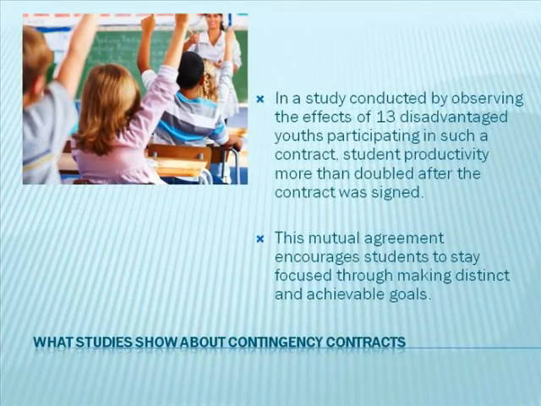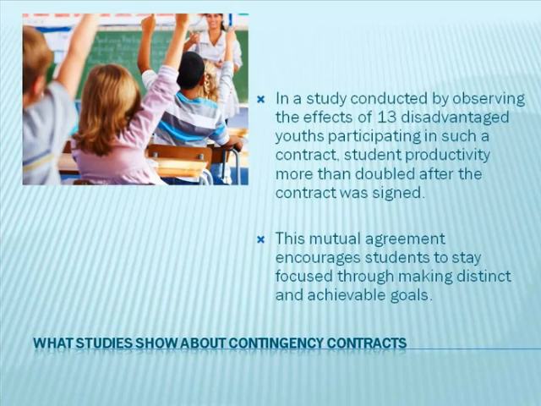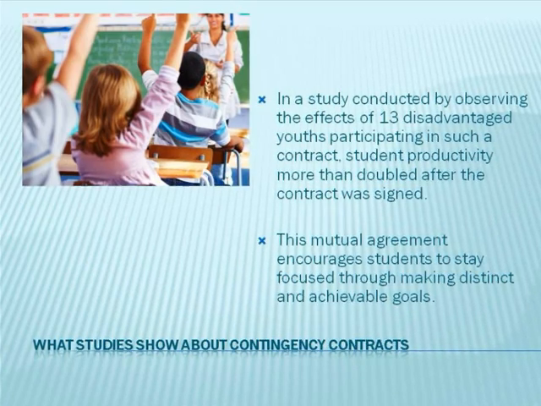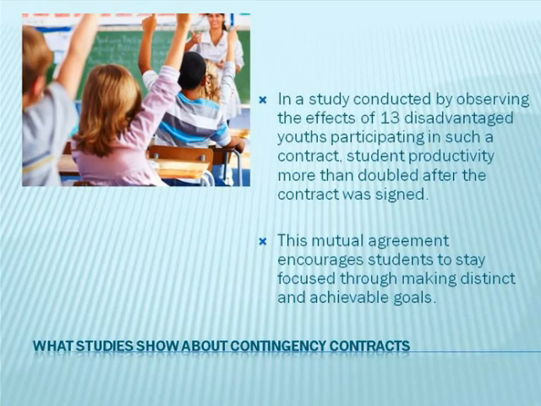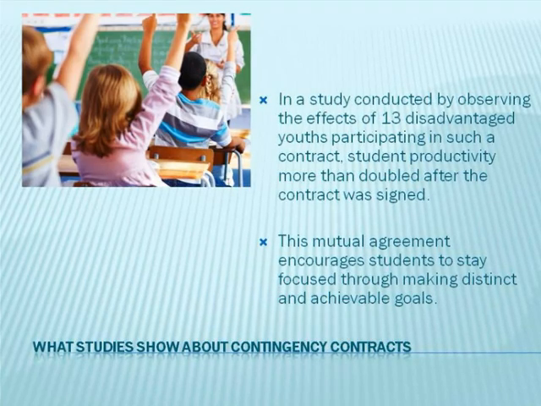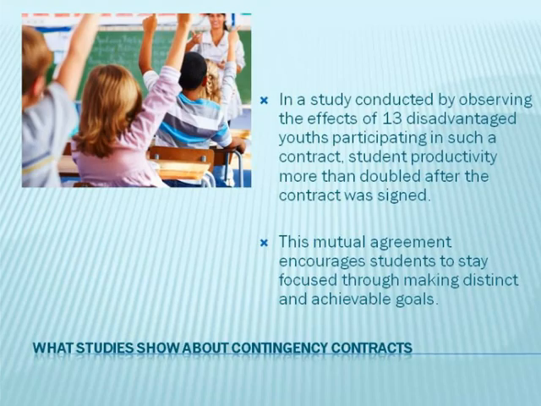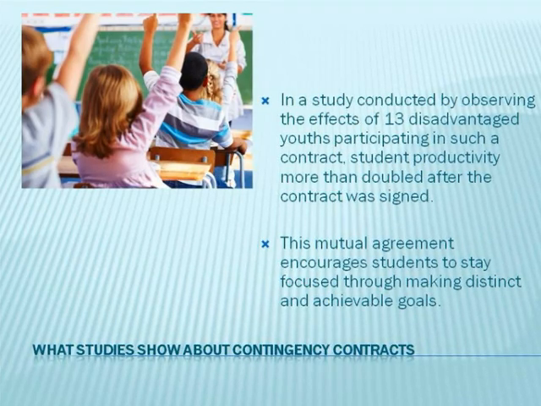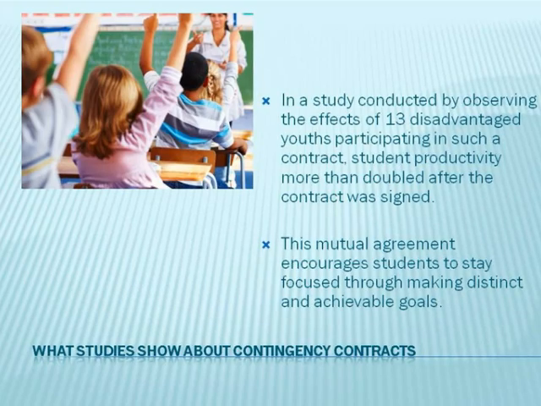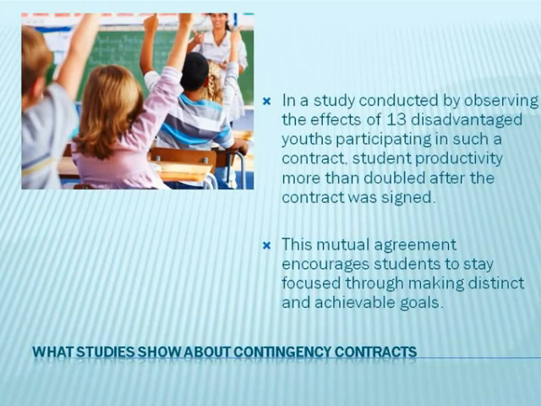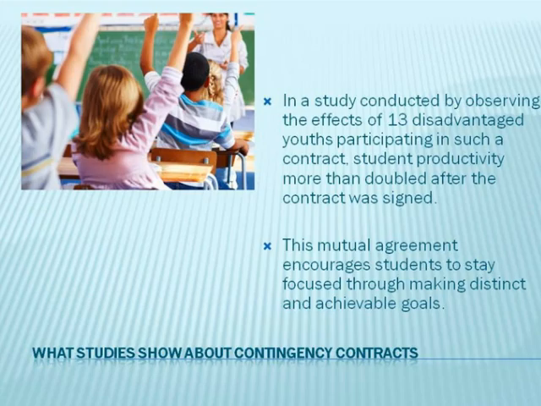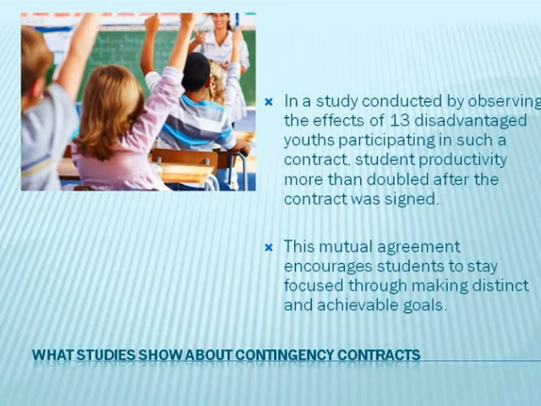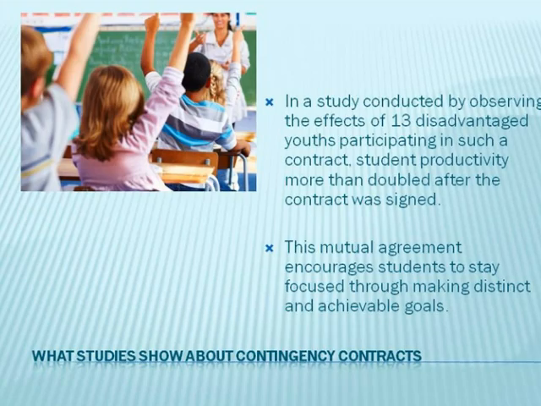As far as what studies show about contingency contracts, in a study conducted by observing the effects of 13 disadvantaged youth participating in such a contract, student productivity actually more than doubled after the contract was signed. So this shows that these contracts are effective at times and definitely motivate a student.